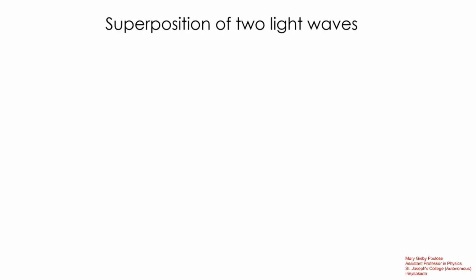Now, let us mathematically derive the displacement. In nature, we see these interference phenomena, but to study them, we need to see the mathematical side. So let us first mathematically calculate what is happening when we find the vectorial sum of different waves. For that, let us consider the superposition of two light waves.